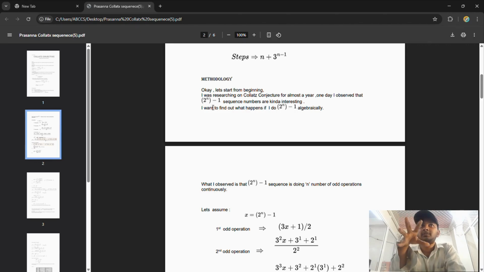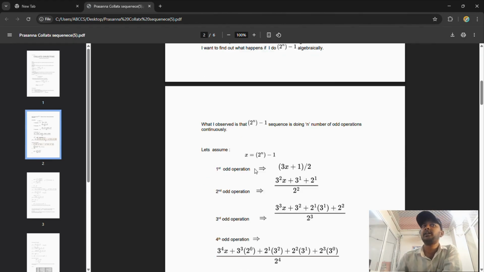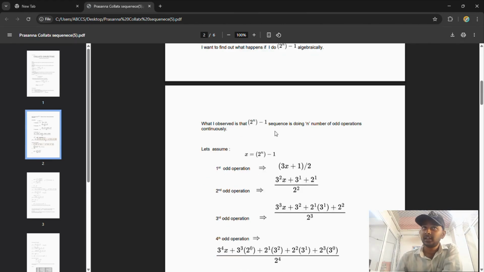How many times? It will be n times. Whatever number n we pick, that is the number of odd operations that will happen continuously. But I can't say that this will happen for everything; it might happen only for some sequences.